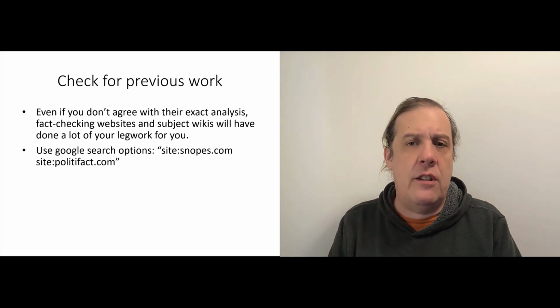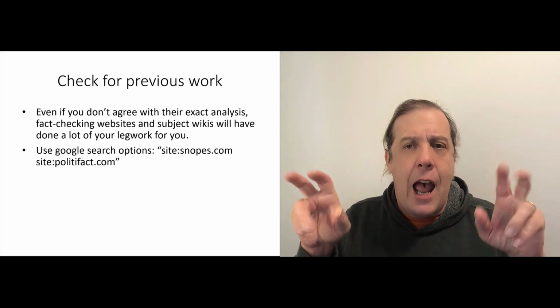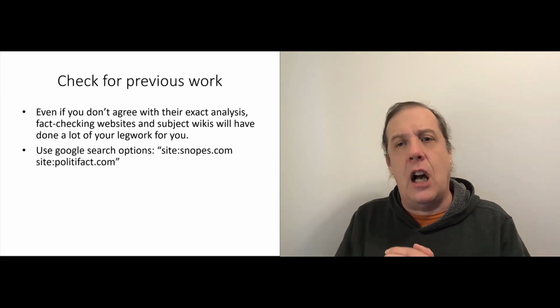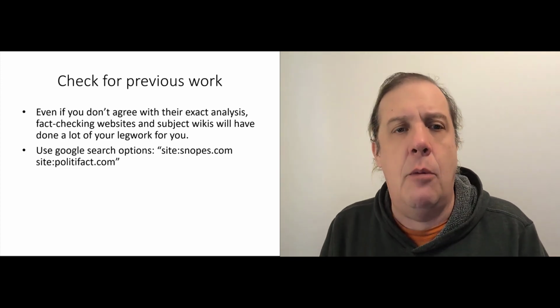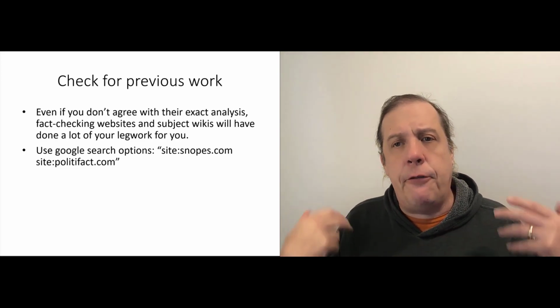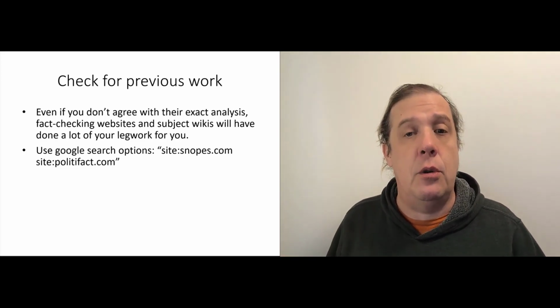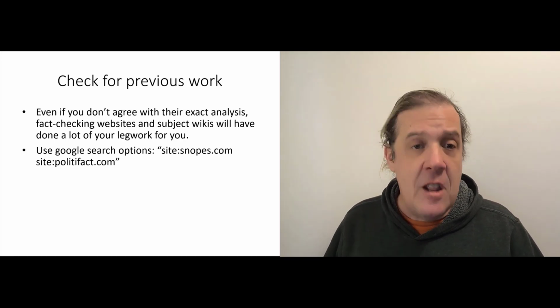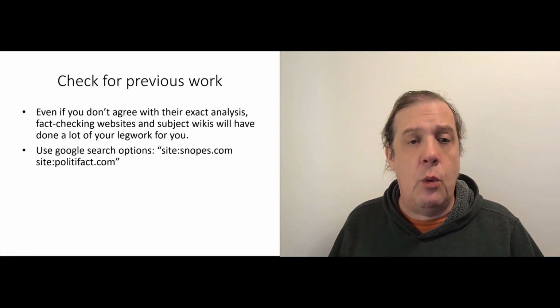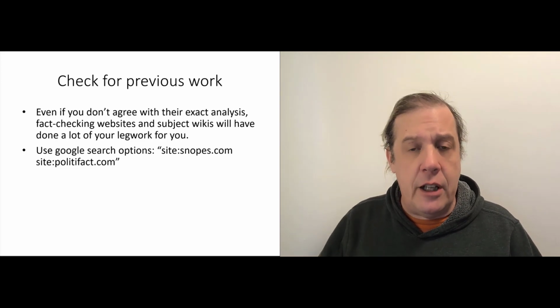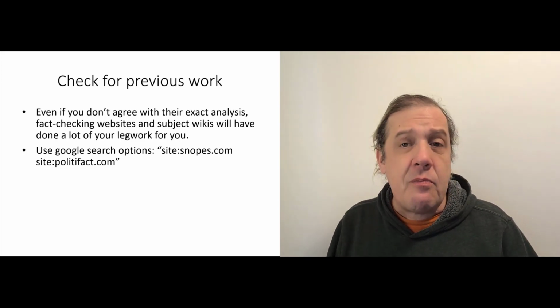This comes up especially with things that are half true or require more context, right? But certainly you can ground yourself initially just by going to a fact-checking website or a wiki. That'll get you down there in basic information.